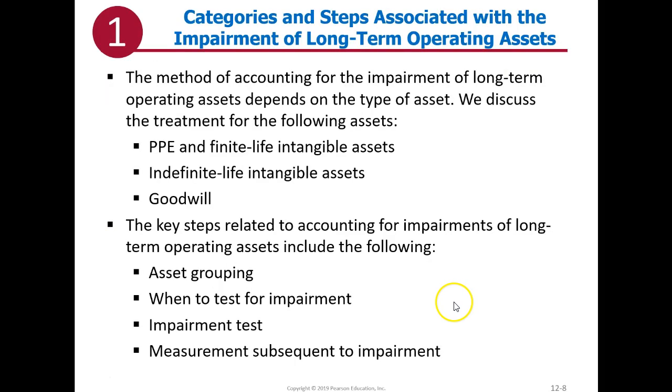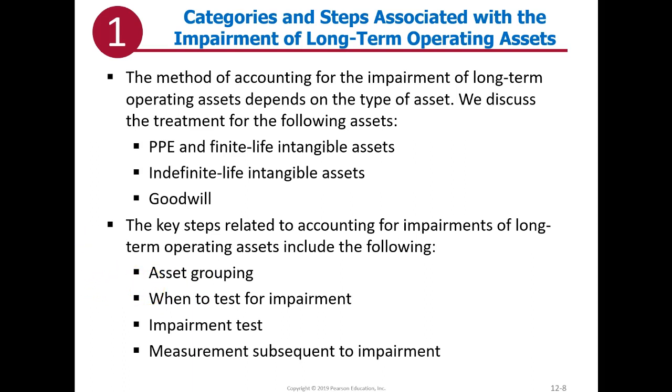U.S. GAAP specifies three major categories for the impairment of long-term operating assets. First, property, plant, and equipment with finite life intangible assets. The second category is indefinite life intangible assets, and the third category is goodwill.